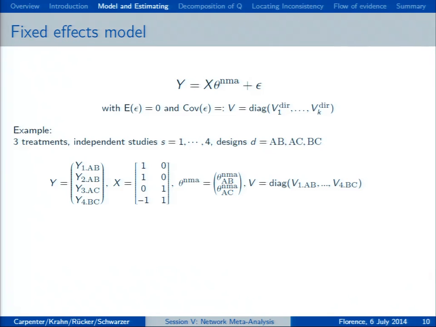So we have one column in this design matrix for treatment B and one column for treatment C, with a 1 in the corresponding column of the treatment that is compared to the reference treatment in the network, or if the reference treatment in the network is not included in the study, we have there a -1. So this design matrix is based on the assumption of consistency in this network.